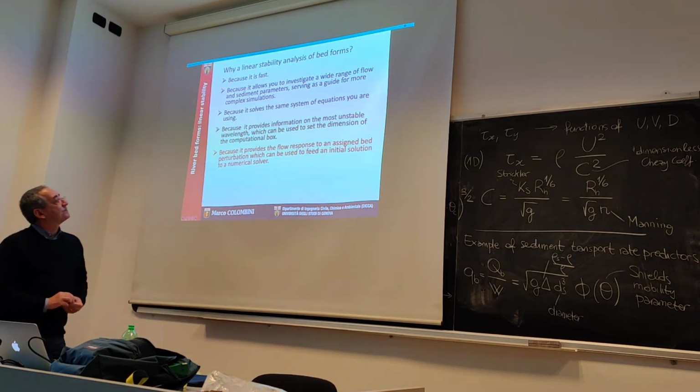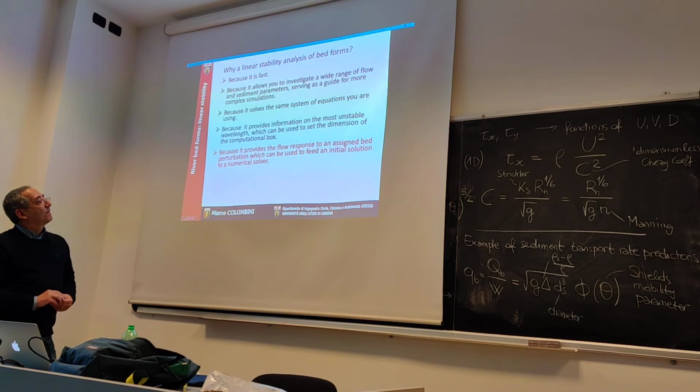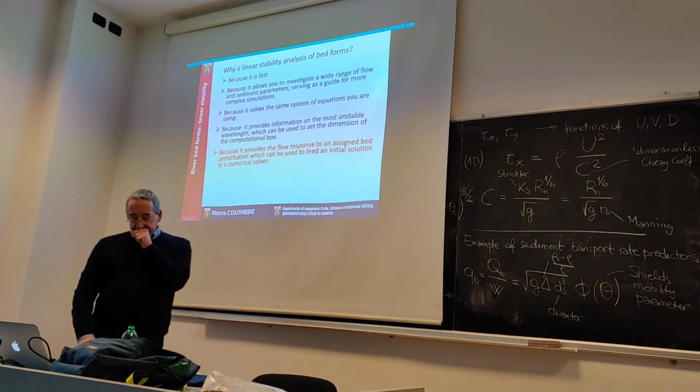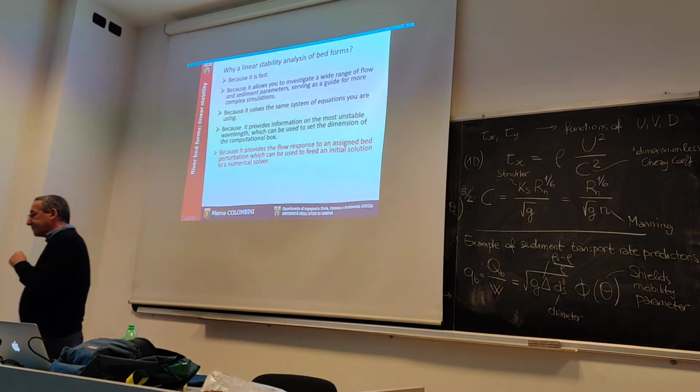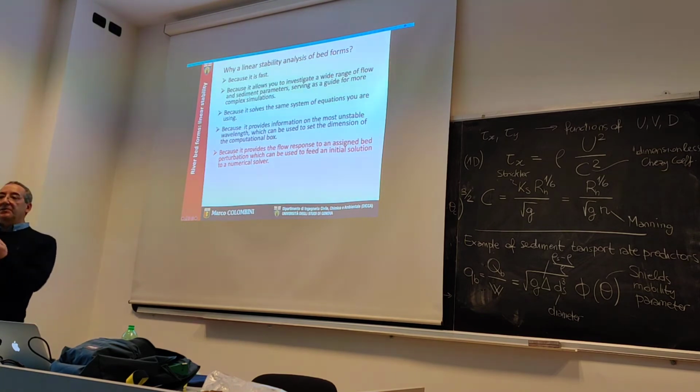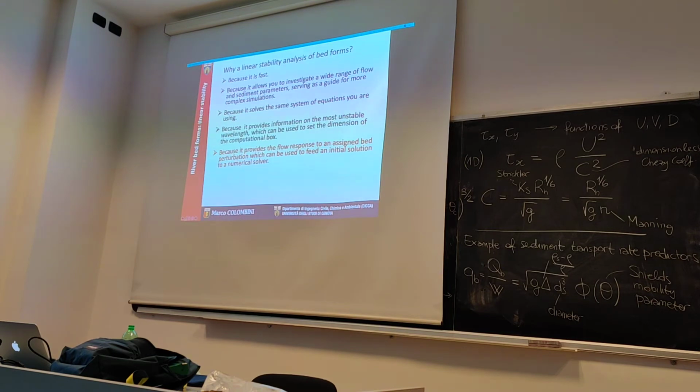Then, this is a subproduct of the linear stability. I told you that when you give a perturbation, for example, of the bed, then this creates a perturbation of the flow, which is flowing over it, which means that the perturbation of each of the variables are connected one to the other.